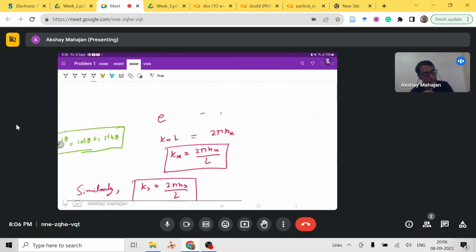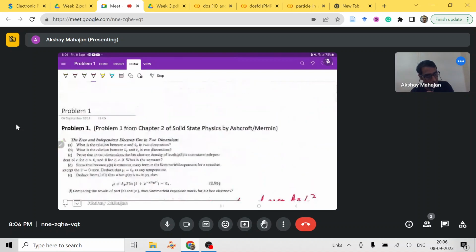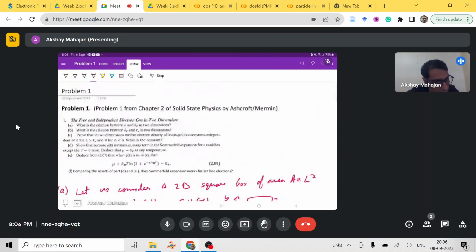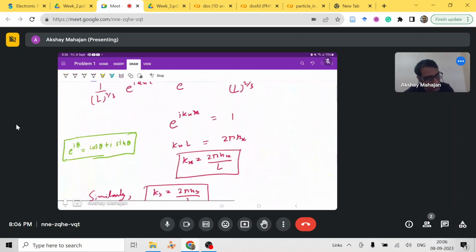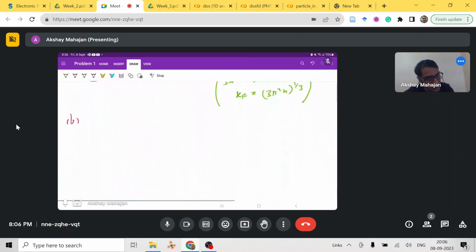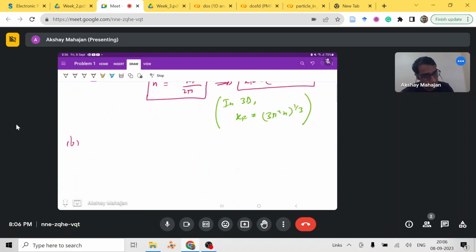Now in part B, what has been asked? It is asked what is the relation between kf and rs in 2 dimensions. So we need to find kf and rs in 2 dimensions. So what is rs?